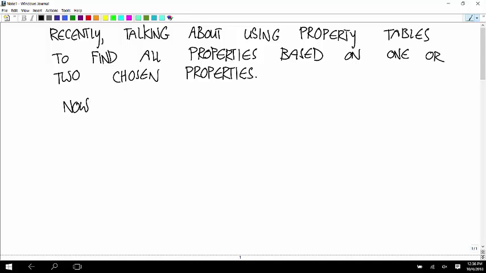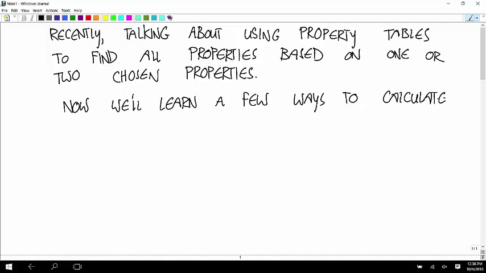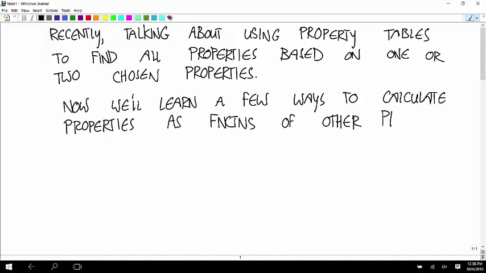So we'll learn a few ways to calculate properties in terms of others, or properties as functions of other properties, using simplified material models.